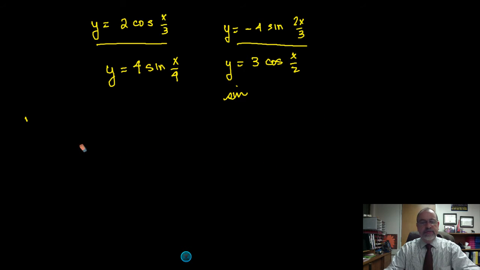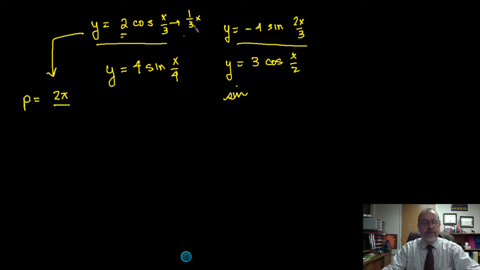Okay, so let's take this first equation, and this is 2 cosine x over 3. My amplitude is now 2, so when I draw my graph, it's going to go to a height of 2, and I see that we have a horizontal stretch of 3 going on. So what I need to do is to determine the period. And you remember the period is equal to 2 pi over the b value, and the b value here is 1/3.